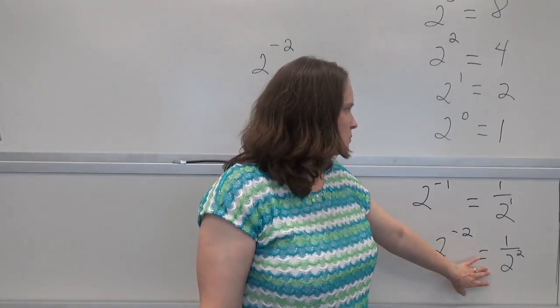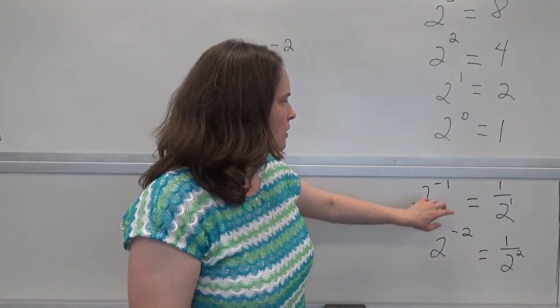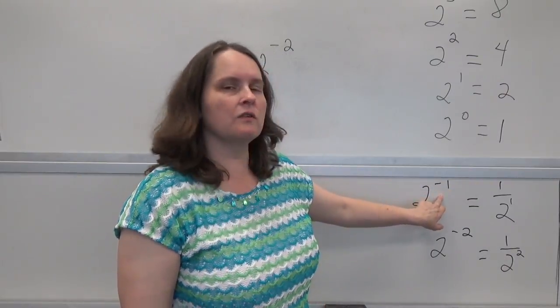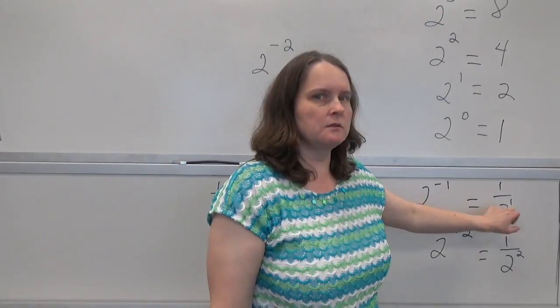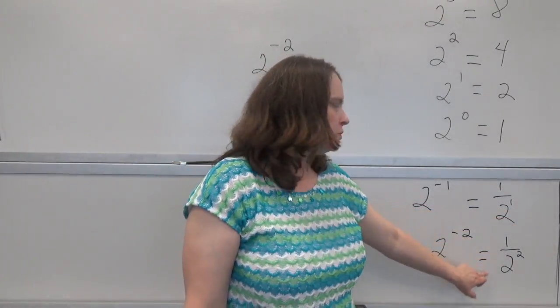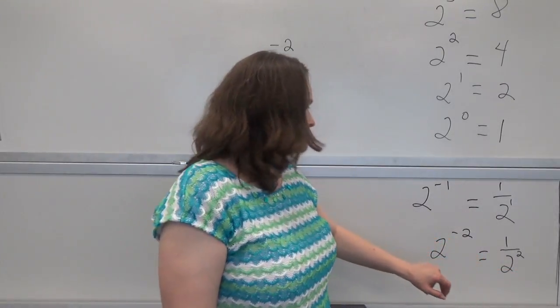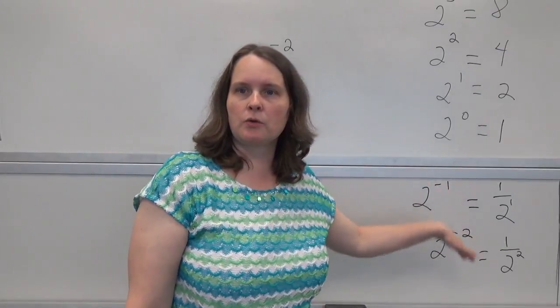And by writing it this way, we can see a new pattern starting to emerge, where we had 2 to the negative first power. That became 1 over 2 to the positive 1 power. 2 to the negative second became 1 over 2 to the positive second power. So what's happening with these negative exponents as we continue to go through this?